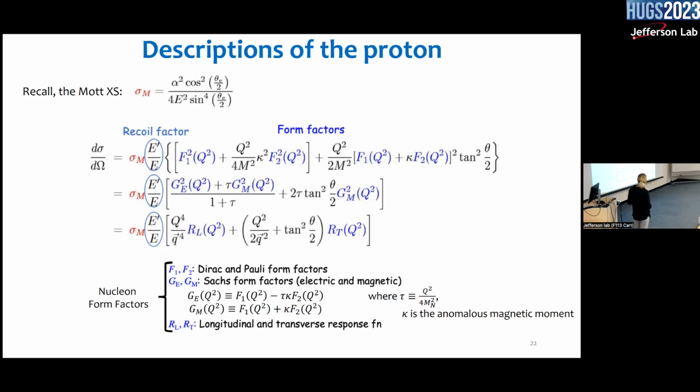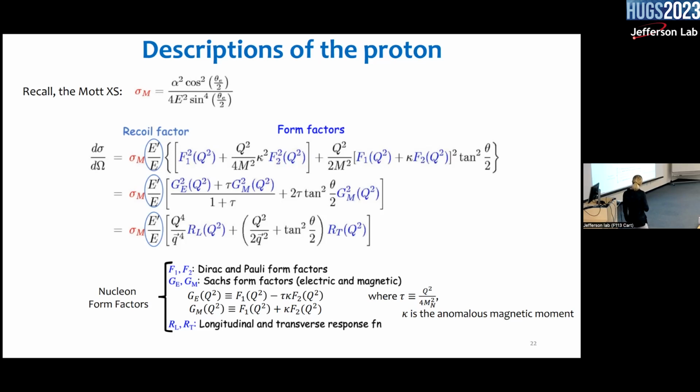F1 and F2 are what they started with when describing this extended object, and then for many reasons, it was better to switch to a GE-GM definition because of minimization of errors and other things that we learn about the form factors.